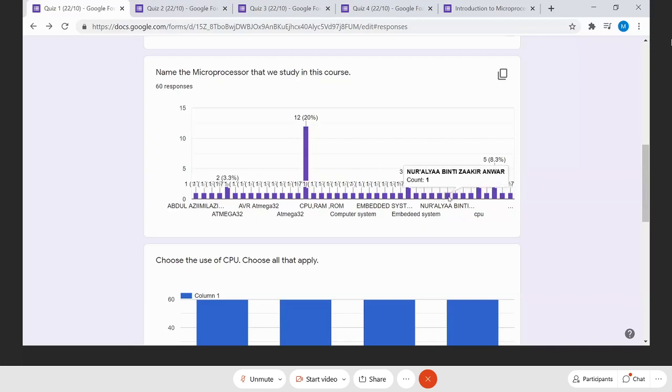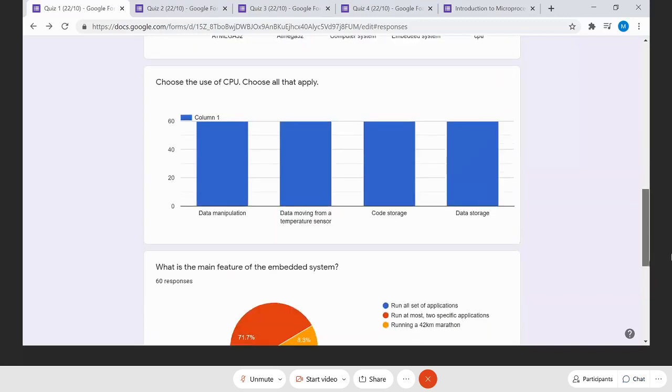AVR is a simulator, guys. CPU, data processing, embedded system. Okay, guys, so please, the answer is Atmega 32. That's the name of the microprocessor that I told you in our first class.